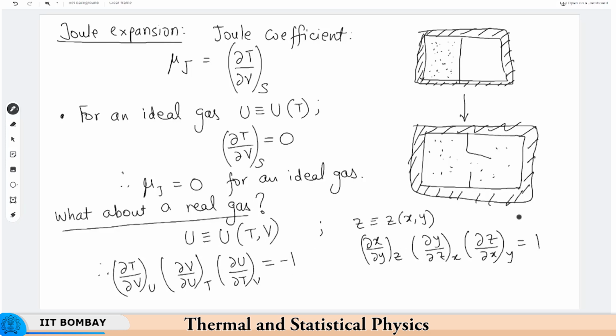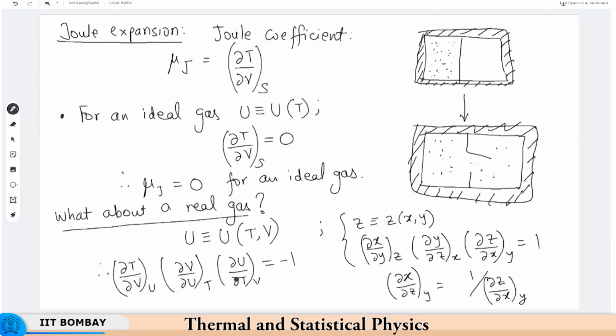And now we are going to apply what is known as the reciprocal theorem, right. That basically tells us del x by del z at constant y equals 1 divided by del z by del x at constant y, right. So, this is the reciprocal theorem.